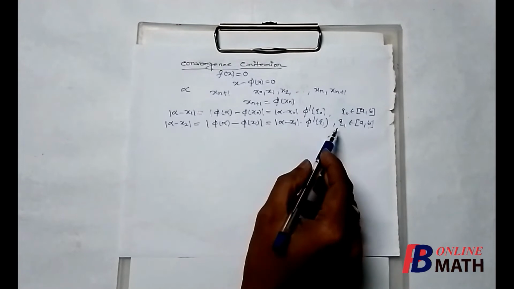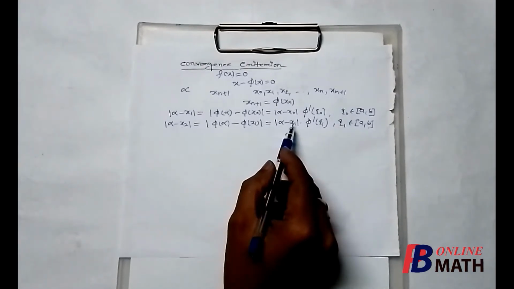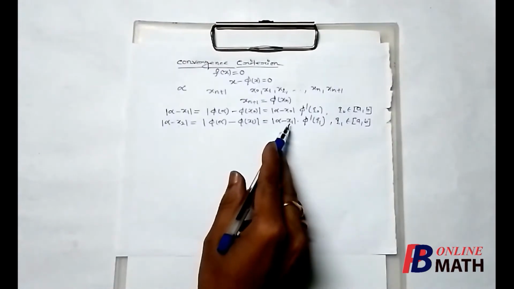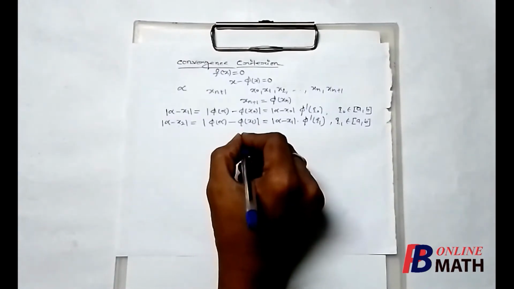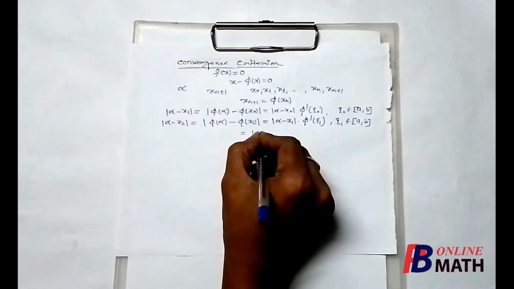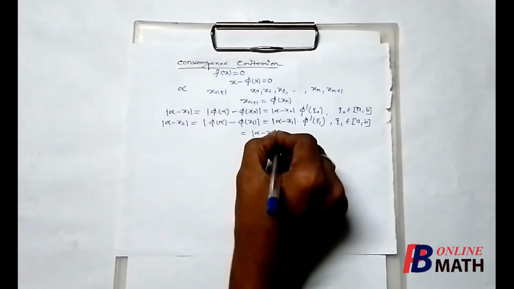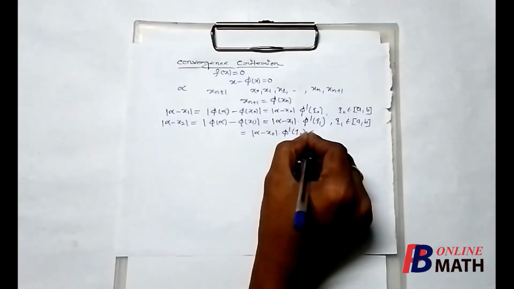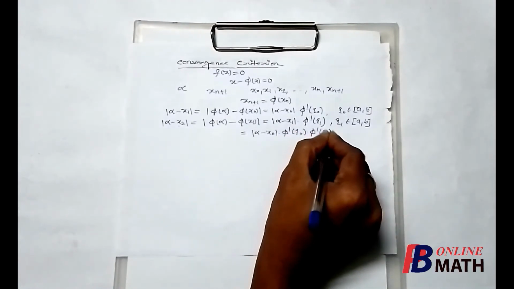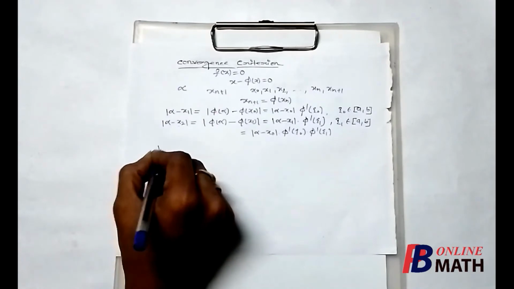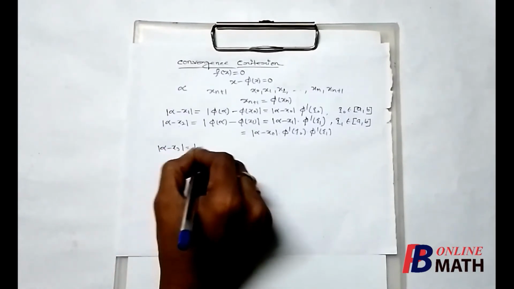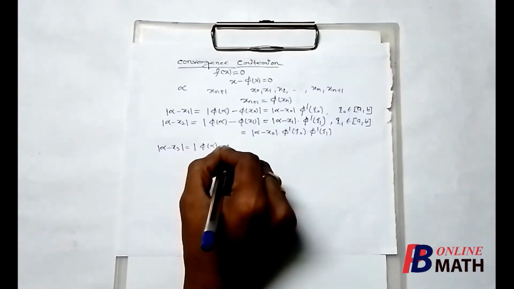More specifically, xi1 lies between alpha and x1. Now we have already obtained that alpha minus x1 equal to this. So this can be written as modulus of alpha minus x0, multiplied by phi dash xi0 multiplied by phi dash xi1.